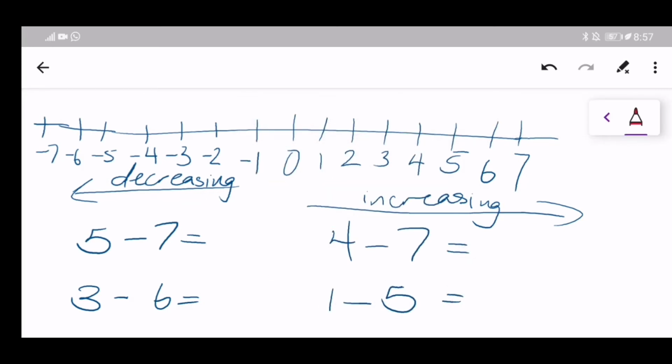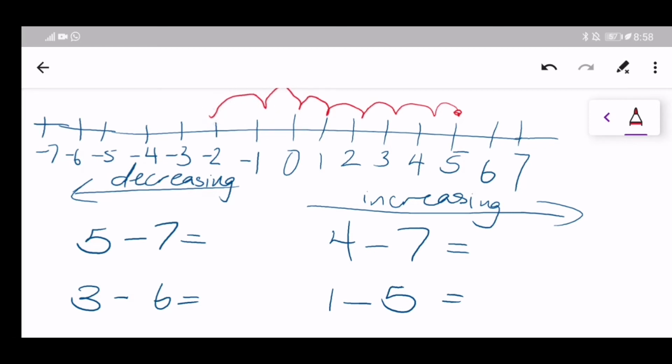I want you to pause the video and see if you can work out the answers for these 4 questions. Okay, let's see what's happening. For the first one, we're starting at the number 5 and we're going this direction 7 times. 1, 2, 3, 4, 5, 6, 7.